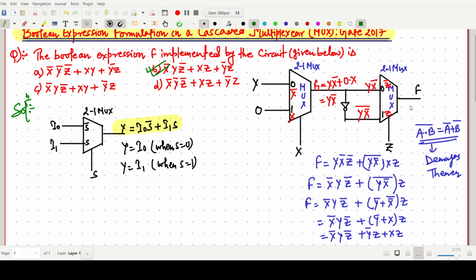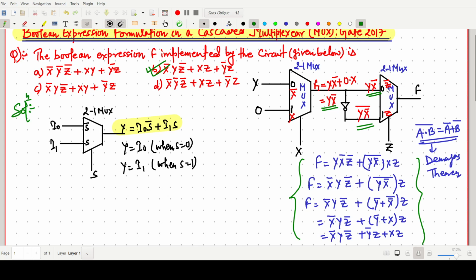So directly we can write this expression. First we write f1 as x bar y plus 0, so directly it is y x bar. Then y x bar whole bar, because there is a NOT gate, an inverter.